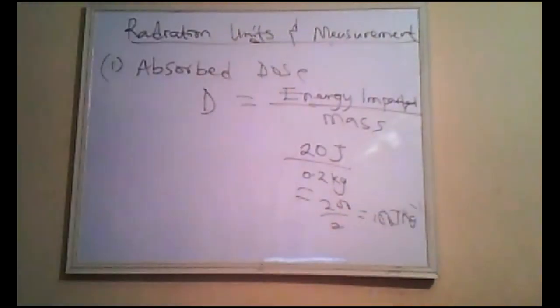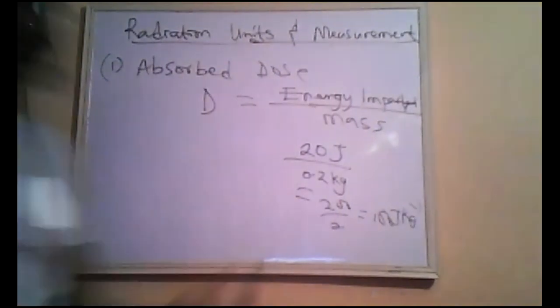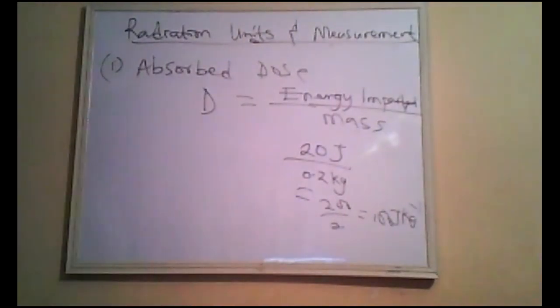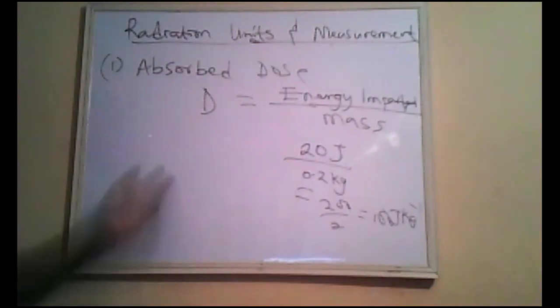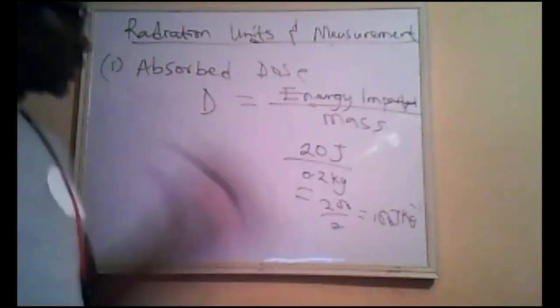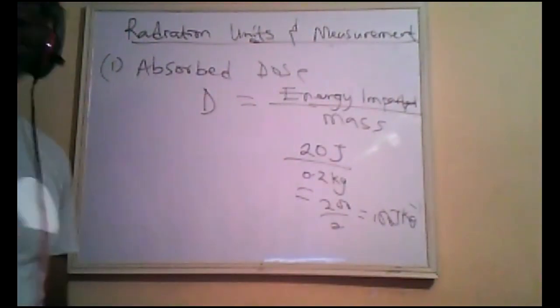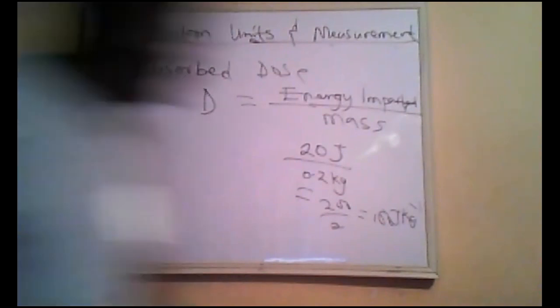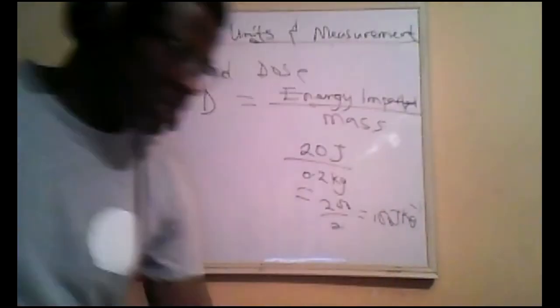So this helps us to quantify the destructive nature of radiation. The higher the absorbed dose inside the tissue, the more the likelihood of damage to that tissue.